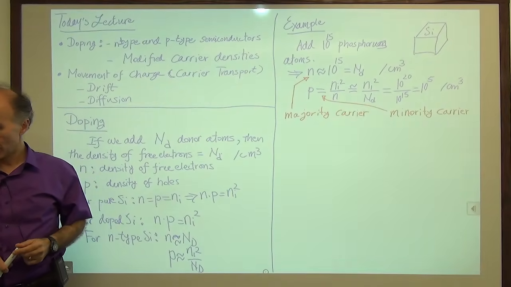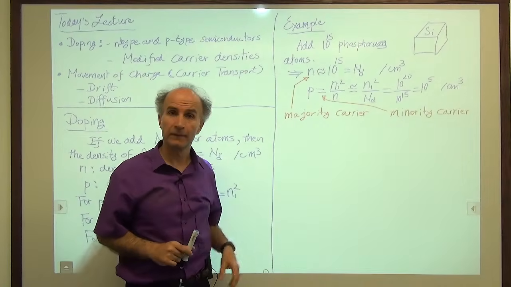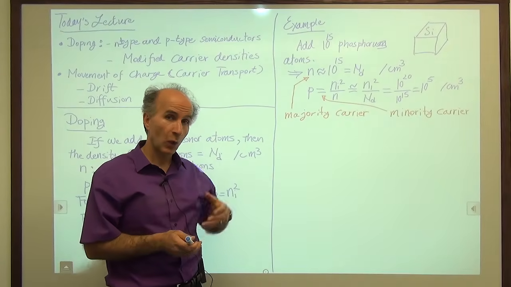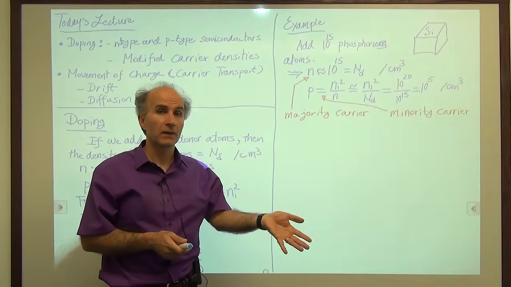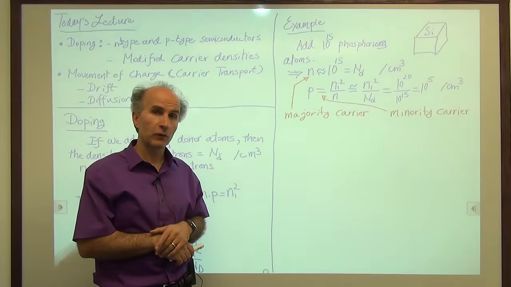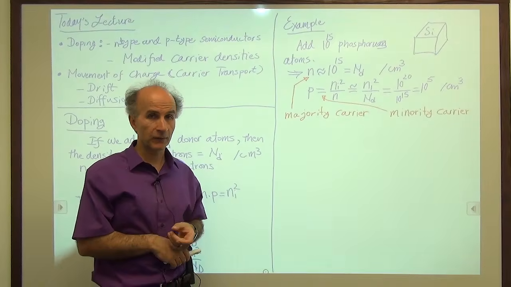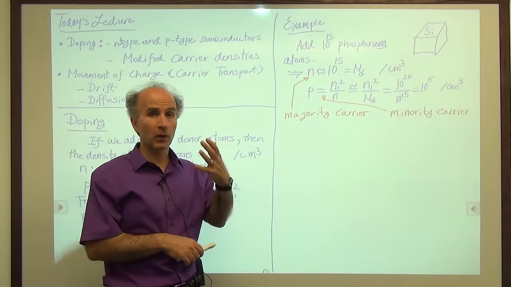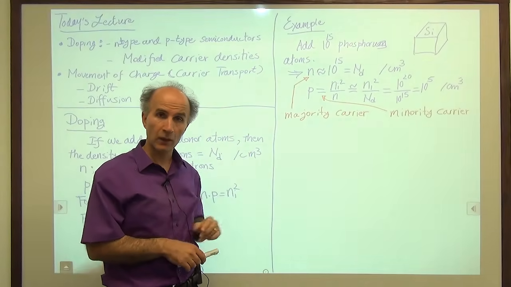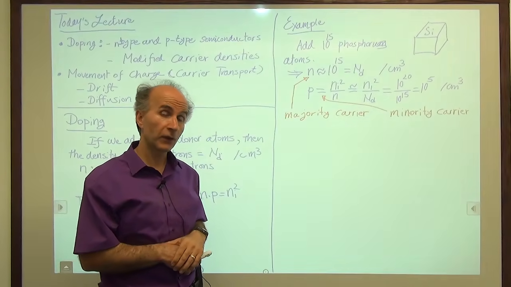Now, the next question that we can raise is, can we do the reverse of all of this? By that I mean, can we add something that makes holes the majority carriers and electrons the minority carriers? So for that, we have to look for something other than phosphorus to add to silicon. Because phosphorus had 5 electrons, upon forming bonds with silicon atoms, it had 1 free electron that would participate in current conduction. So we should be looking for something in the 3rd column.